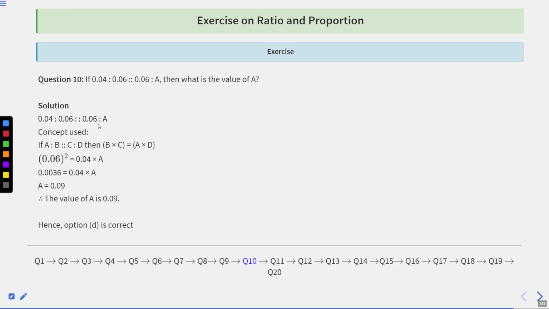So here the concept that will be used is, if A is to B as C is to D, then we say B times C equals A times D. So we just substitute the values here and you will have 0.06 whole squared is equal to 0.04 times A. That means A is equal to 0.09. So the option correct here is option D.